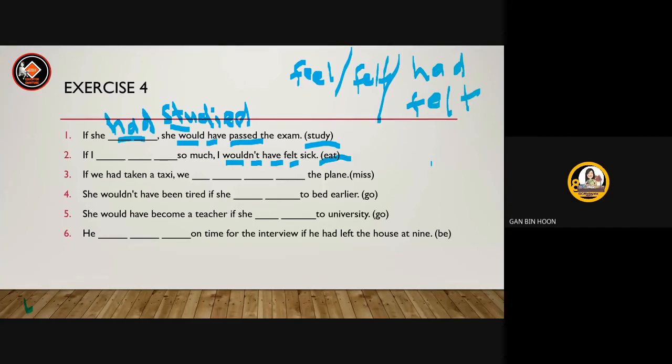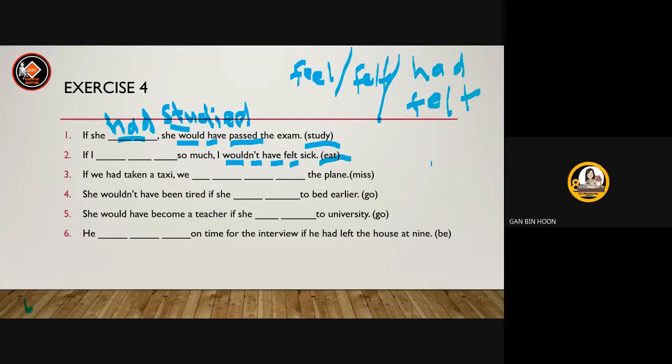Kena ada had, right? Class? The if clause kena ada had, right? So what's the sentence? If I had... Okay. Try. If I would have eaten. No, there's no would. You cannot write would there because would kat main clause. Would dah ada, right?